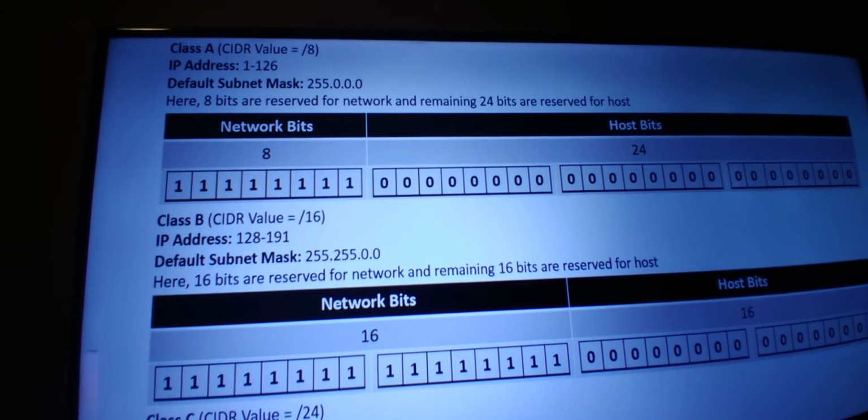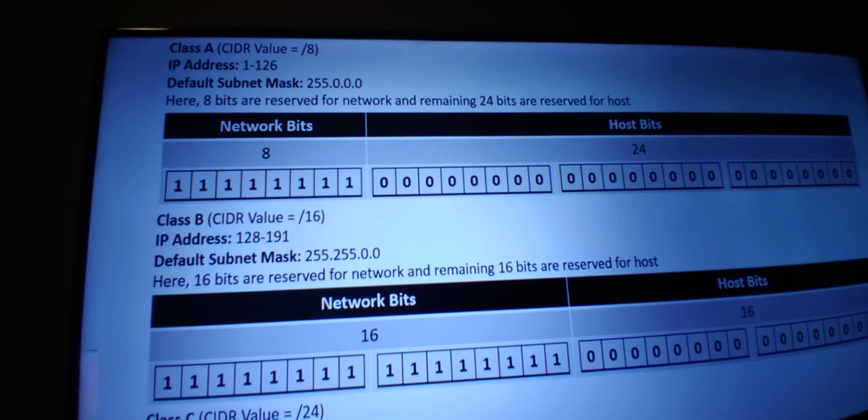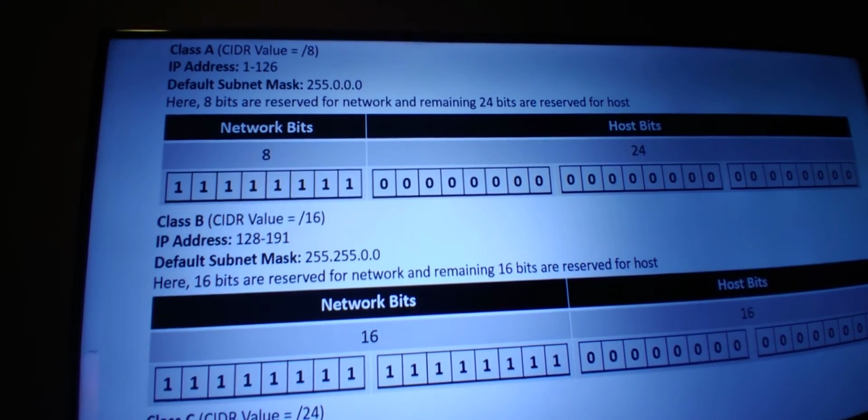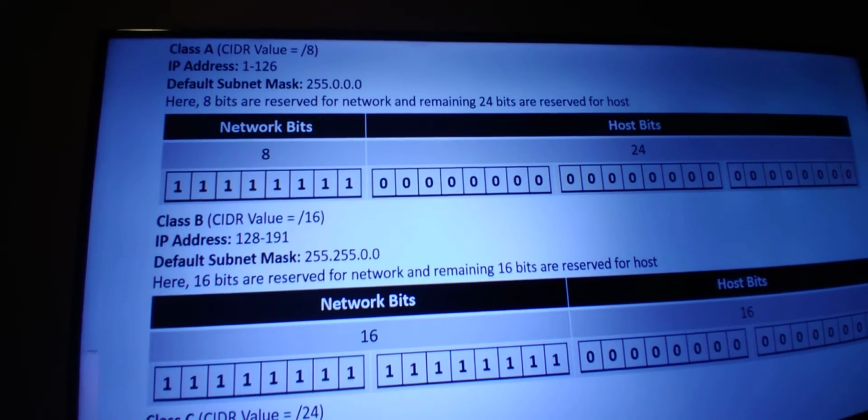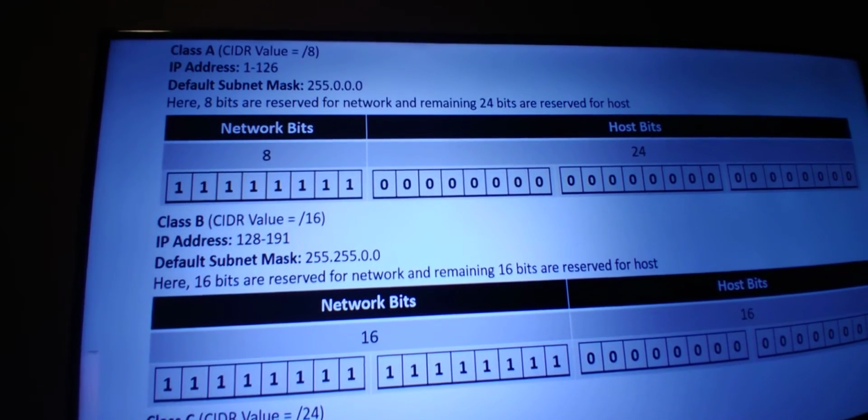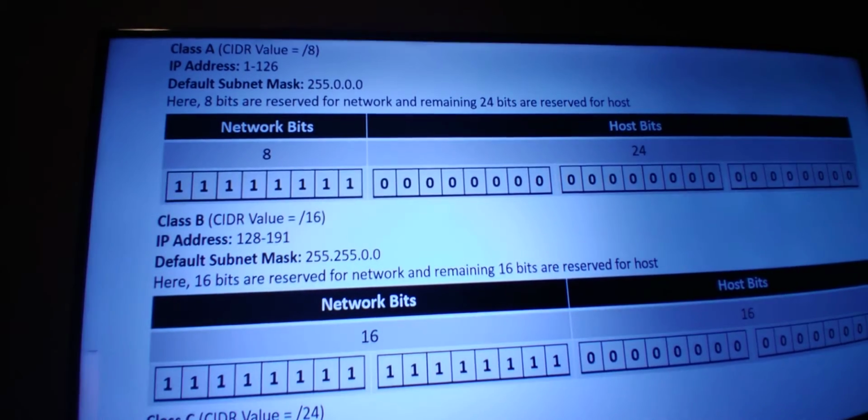And please note, 127 is used for loopback addresses, and class E is used for experimental purposes. So you won't see those on any devices that we will go towards with the exam. So it will only be class A, B, and C.